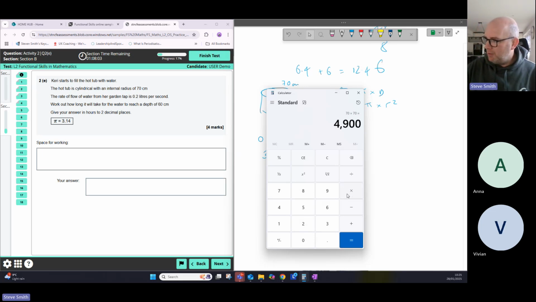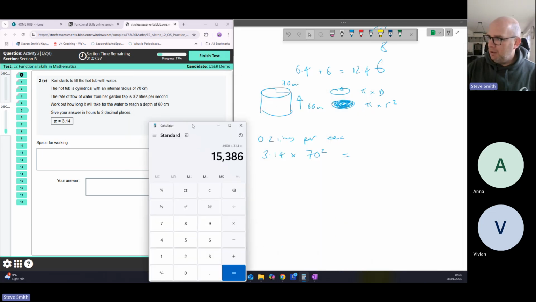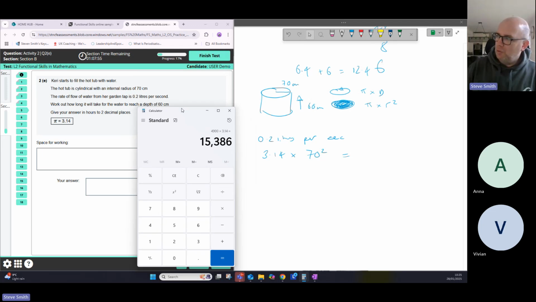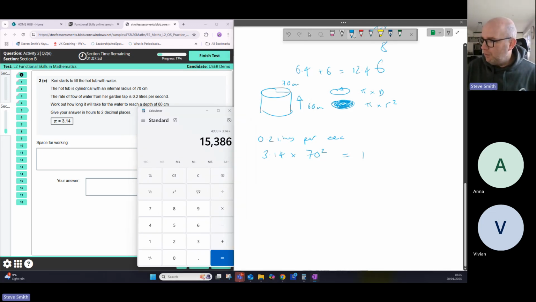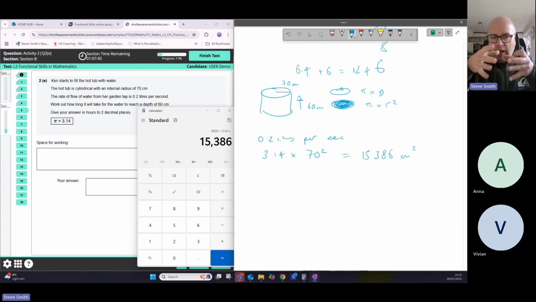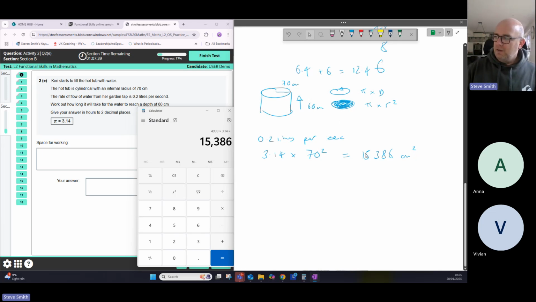Okay, times by pi, 3.14. So we've now got an area of that circle of 15,386 centimeters squared, because we're only doing the area of that circle to start with. So we know that the area of that hot tub part is 15,386 centimeters squared.